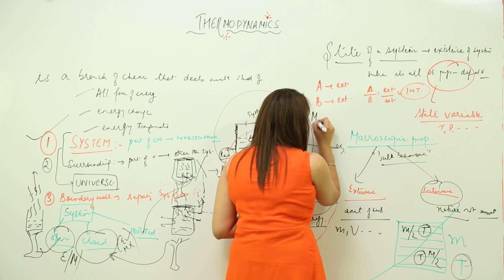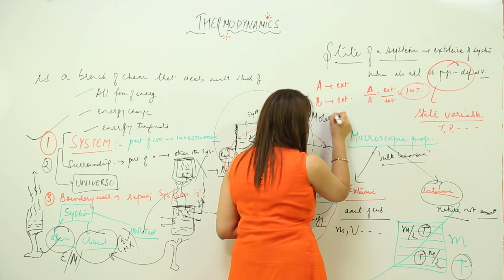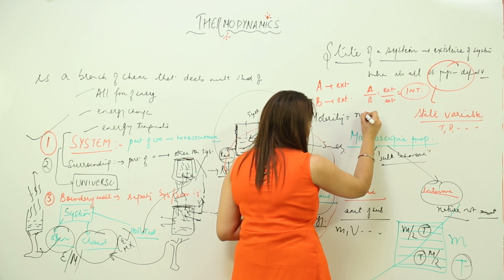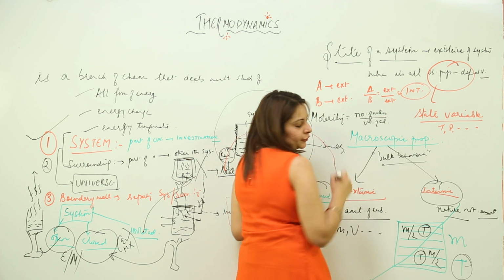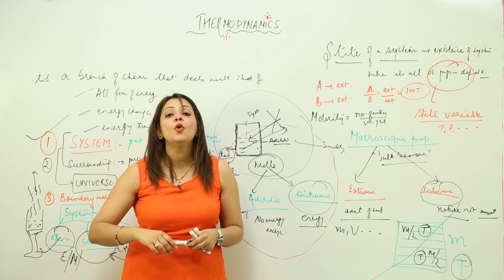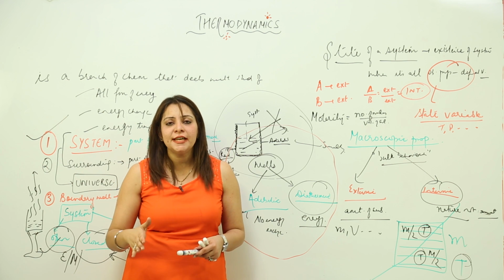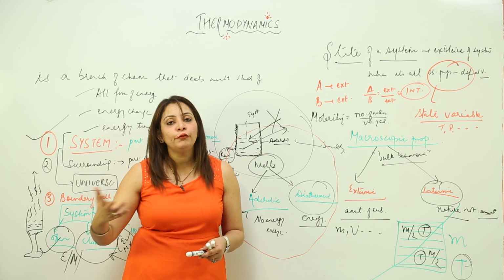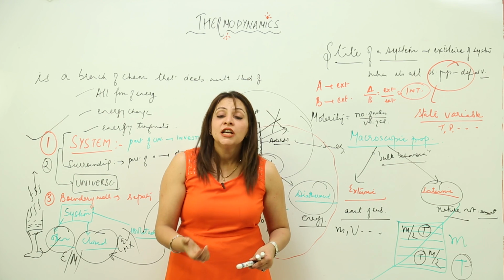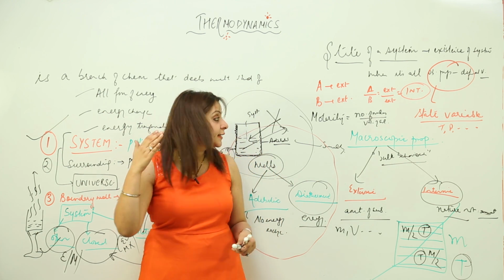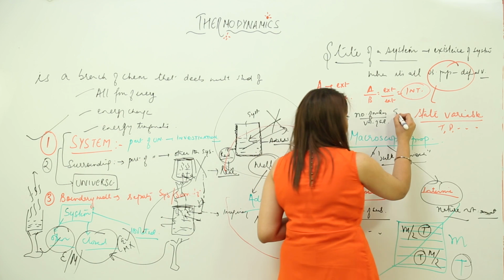Suppose I have molarity. This is an example I am illustrating. What is molarity? It is number of moles divided by volume of solution. When we talk of moles, is it extensive or intensive? Obviously, when I say 4 moles, we are counting the amount of substance, so mole is an extensive property.